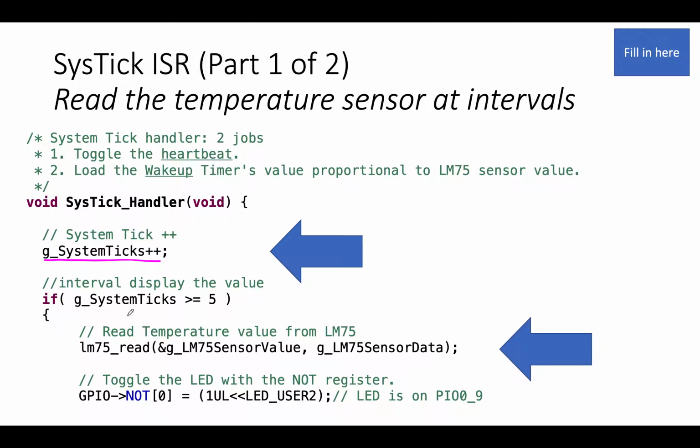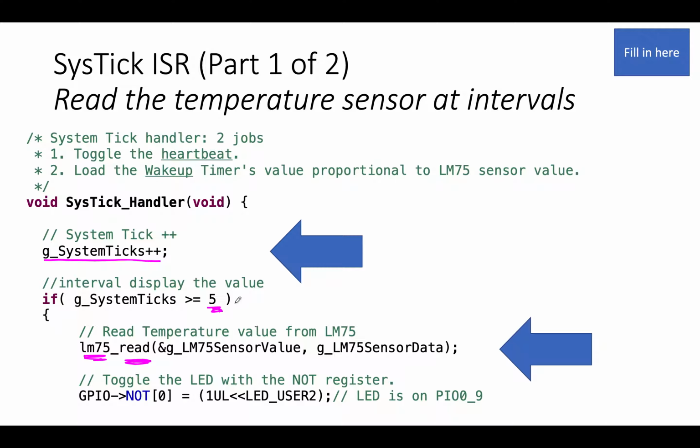Every time the system timer runs, it checks to see if it has run 5 times or more. At that point it reads the temperature, because you don't need to read the temperature value very often. So every 5th time through the system timer, it reads the temperature via the LM75.